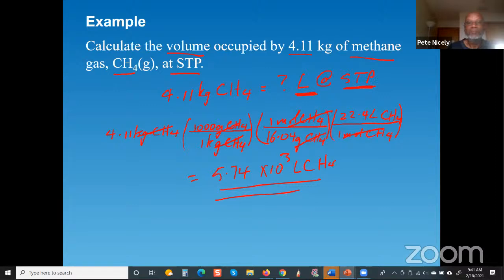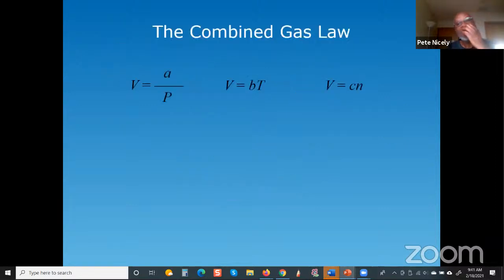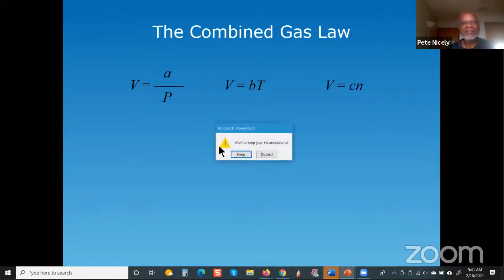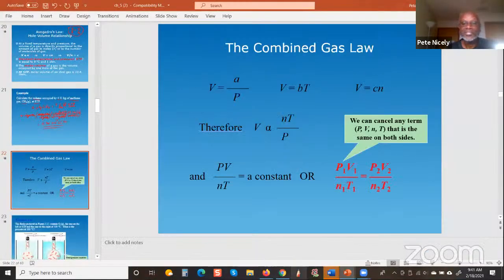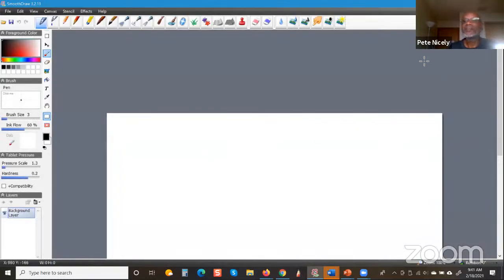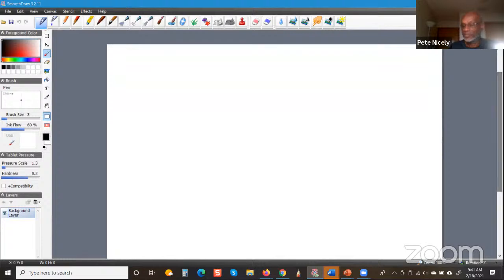Okay, so, moving along. So we have learned about 3 gas laws so far. In fact, let me get out of this here and just show you something. I'm going to write something on my tablet here. Okay, so far we learned about 3 gas laws.